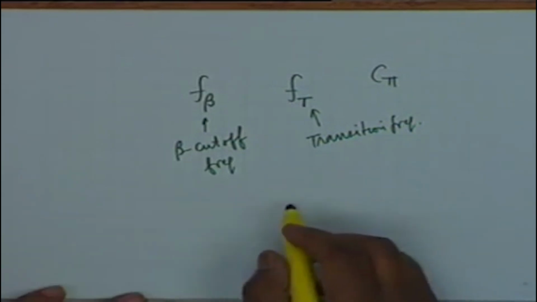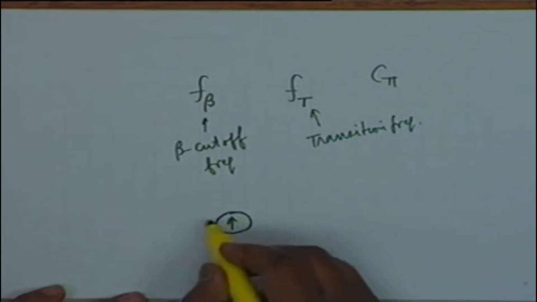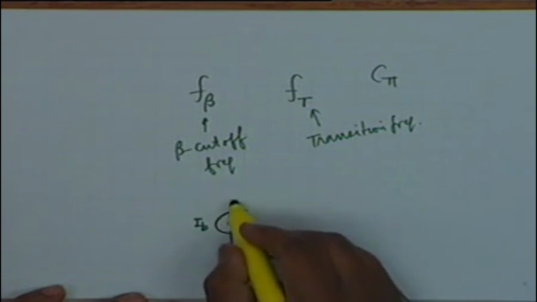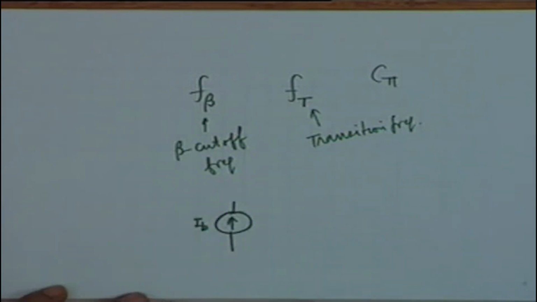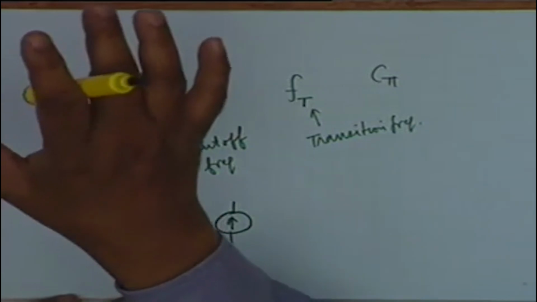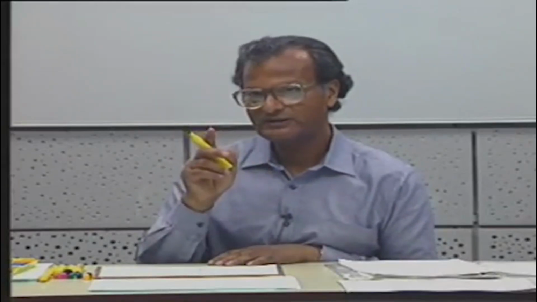Suppose you drive a transistor with a current source IB, and you find out the short circuit output current. You take a common emitter transistor, drive it with a signal source IB, a current generator, short the output and find out the current.